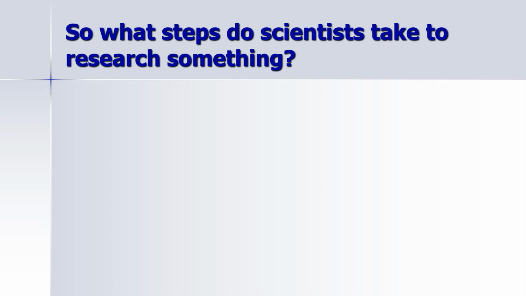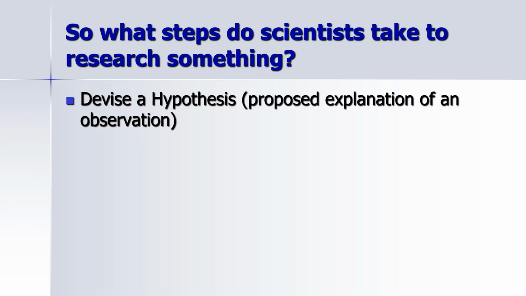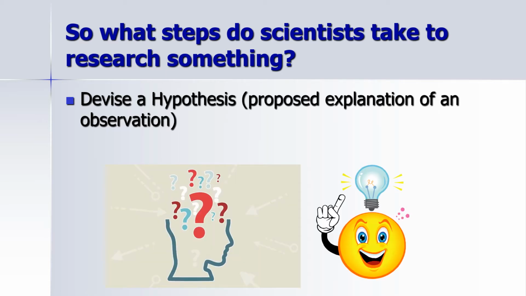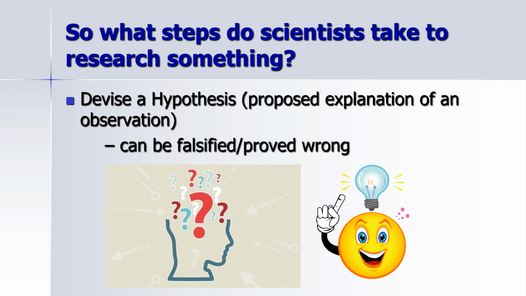So what they do in that case is devise a hypothesis, which is basically just a proposed explanation of their observation, which means they just make a statement or an educated guess as to why this thing is happening. Now, the important thing to remember here is that a hypothesis is just a guess. It's a proposed explanation, so this is something that can be falsified.